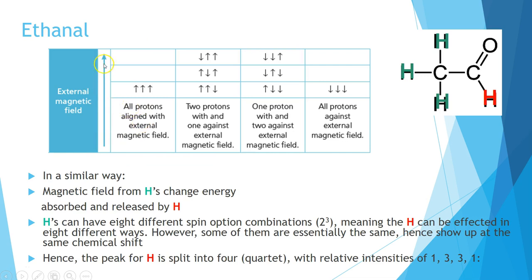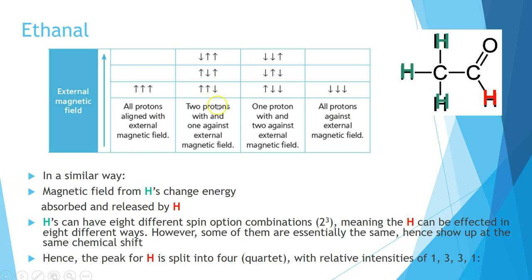is that here's our external magnetic field. All the protons can be spin up and aligned with the magnetic field. We can have 3 options where we have 2 up and 1 down, depending on whether it's the first one down and the second 2 up, or the first one up, second one down, third one up, or the first 2 up and the last one down.